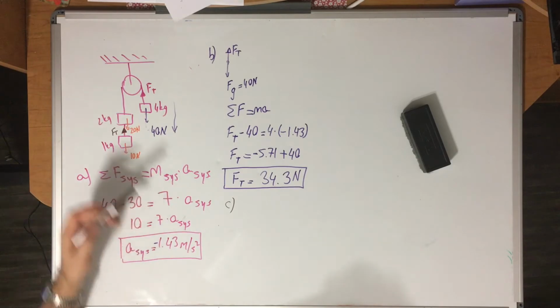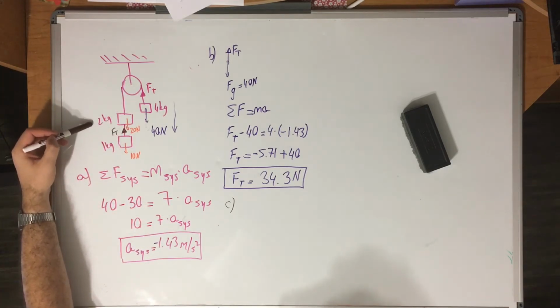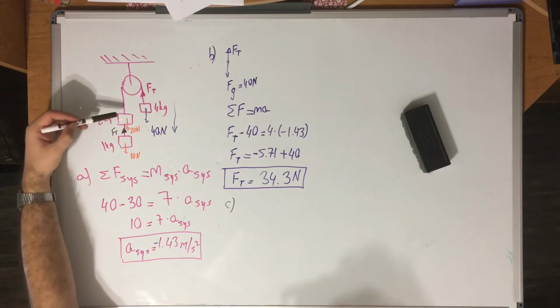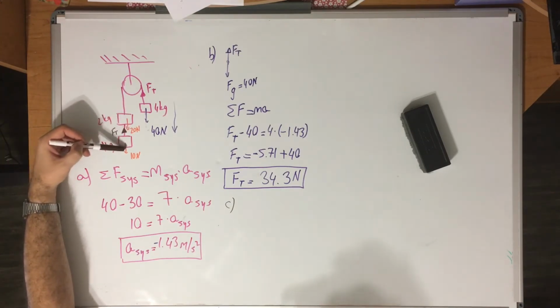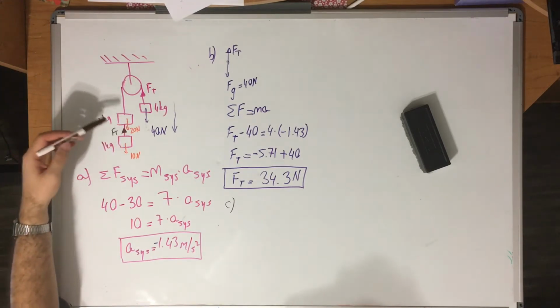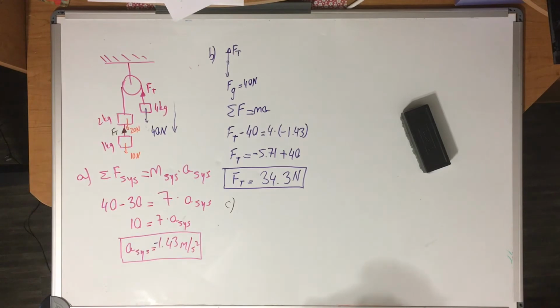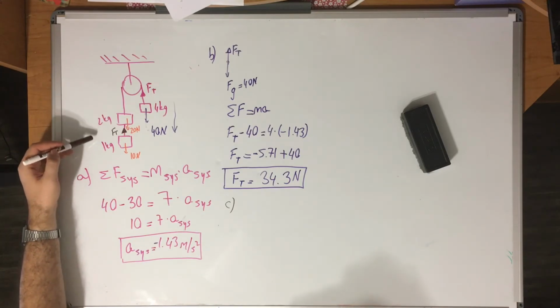So if you would like to find that tension, you could have used that 2 kilogram object as well, but that has this tension plus this tension and mg. So that's going to be a little bit more complicated. So that's why it's not a good idea to choose the 2 kilogram object, but you can technically find it.